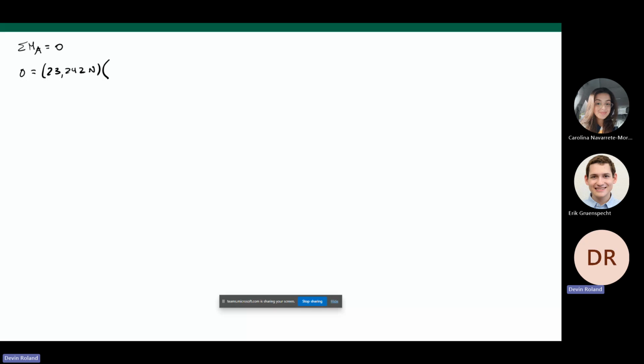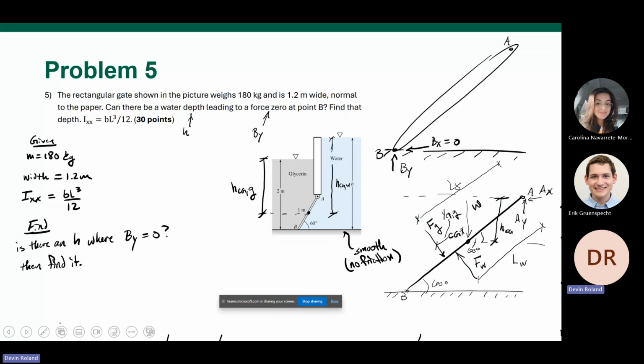Then its moment arm is going to be the length from the center of gravity to the hinge plus that YCP value. It's this distance right here, that's 0.5 meters, plus this distance. That's what we're getting there.